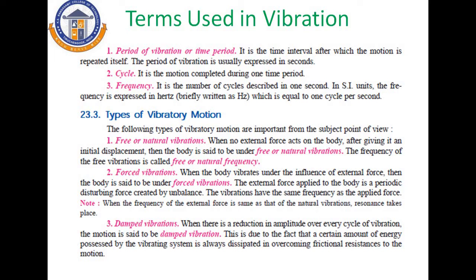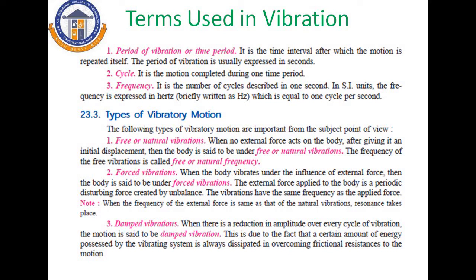The frequency of the free vibration is called free or natural frequency. Example, the pendulum clock, where we give an initial force to vibrate from its initial position. Once it is given, it is repeated. That is called free vibration.